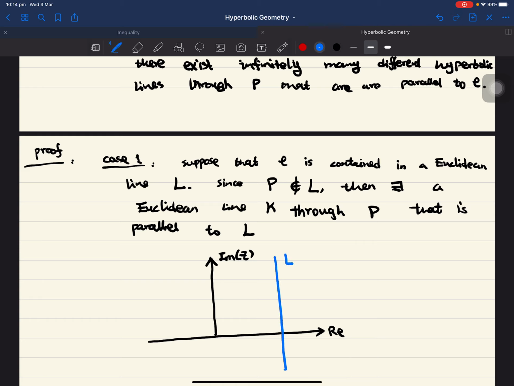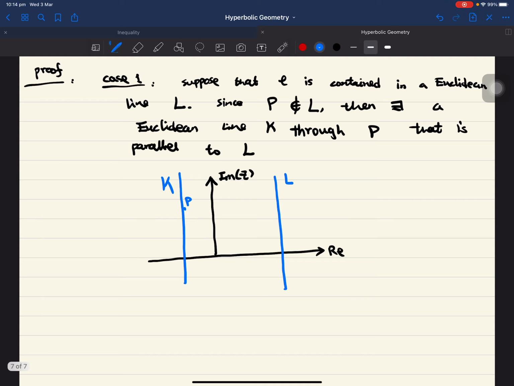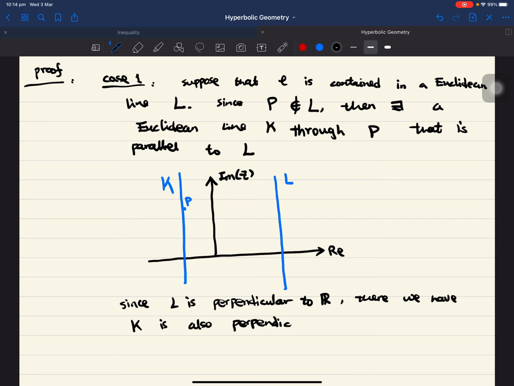Given this capital L and this point P, we can easily see that there exists a Euclidean line K that passes through point P and is parallel to capital L. And since L is perpendicular to the real axis, K is also perpendicular to the real axis.